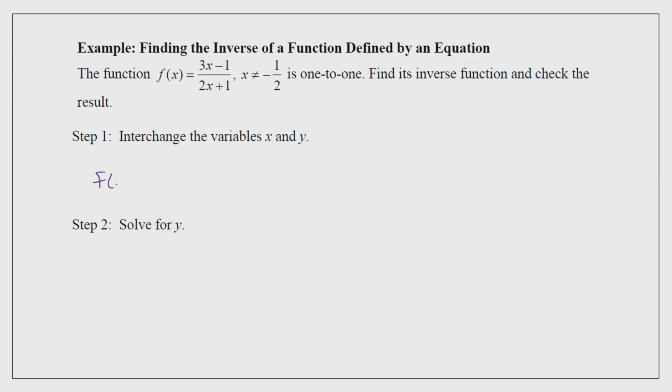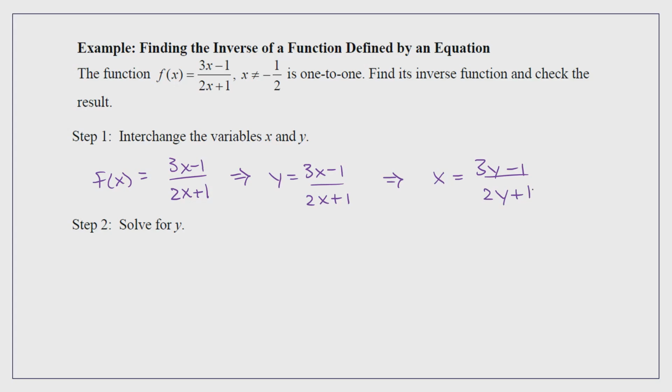So f of x equals 3x minus 1 divided by 2x plus 1. So I first will change f of x to y. That's my first step. Then I will interchange my x and my y. So I'll get x equals 3y minus 1 divided by 2y plus 1.